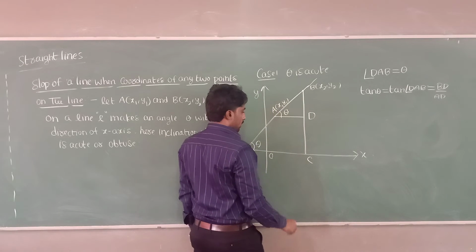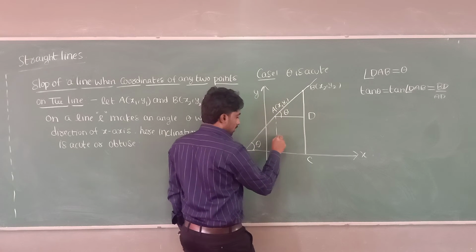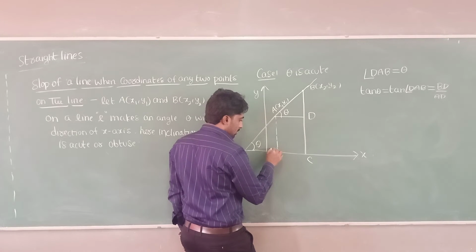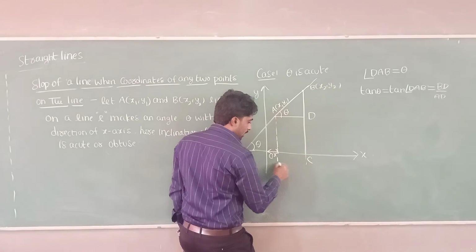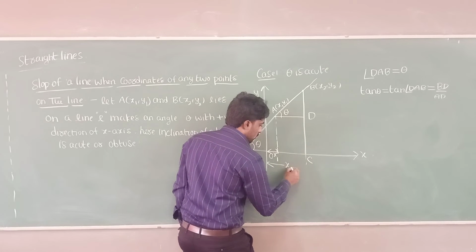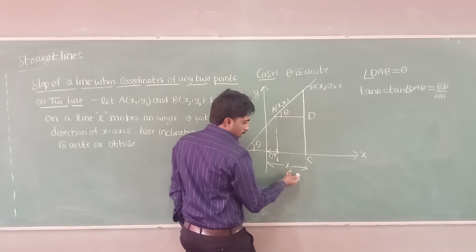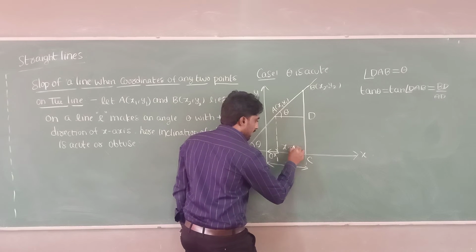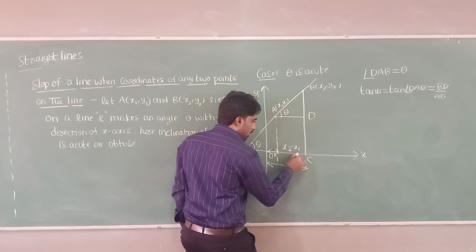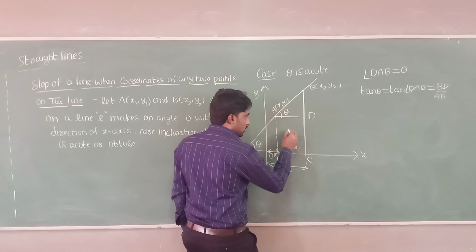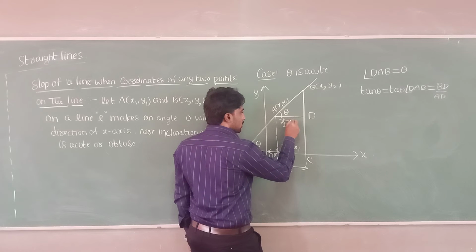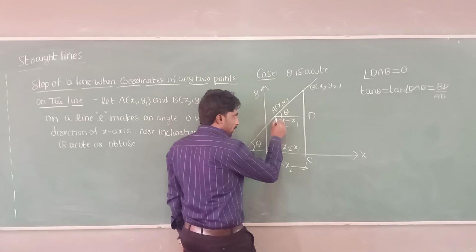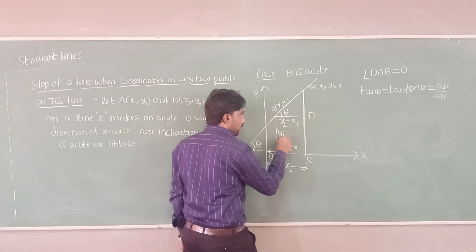Now you observe clearly. You see here, I am taking the dotted line. This length is x1. So if I take from here, this length is x2. From this x2 length, if I subtract the x1 length, this becomes x2 minus x1. From here to here, this length is x2 minus x1. This length is also x2 minus x1. Now, from this point to this point, the height is y1.